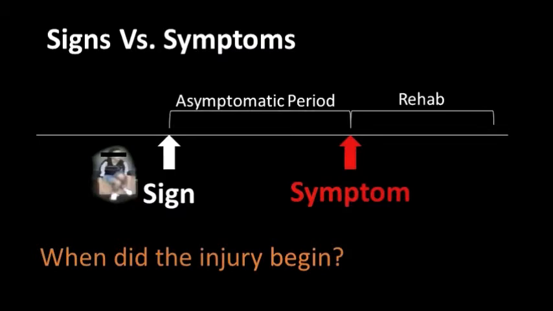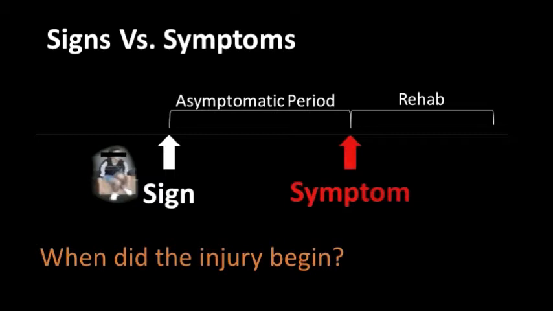Movement is a funny thing, because if we pay attention to our bodies really well, potentially we can prevent a lot of injuries. A sign is something that we can see, that we can actually measure, that we may think can become a problem. A symptom is something that you feel.